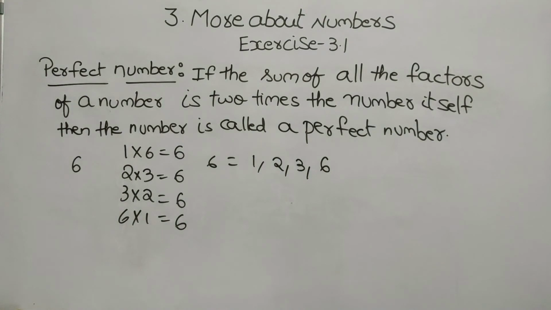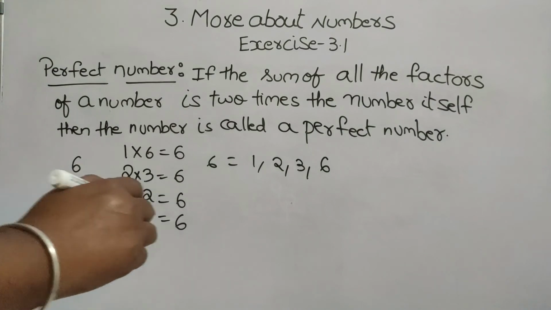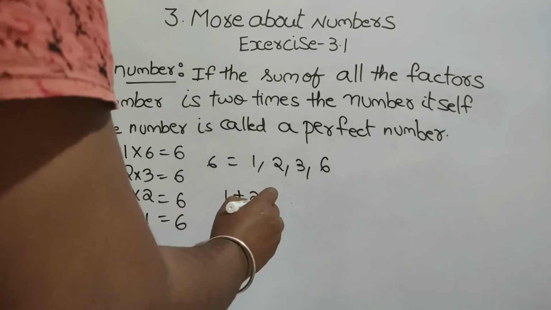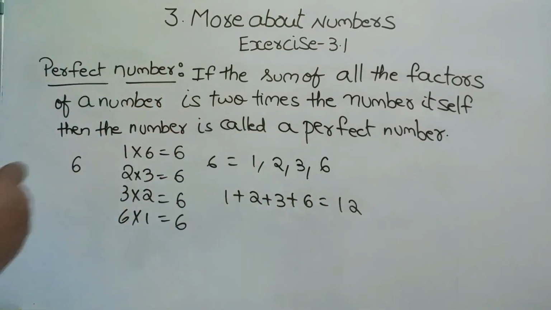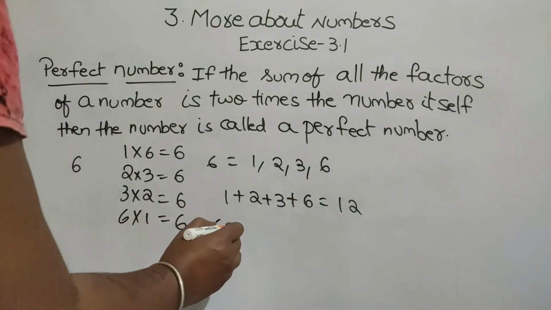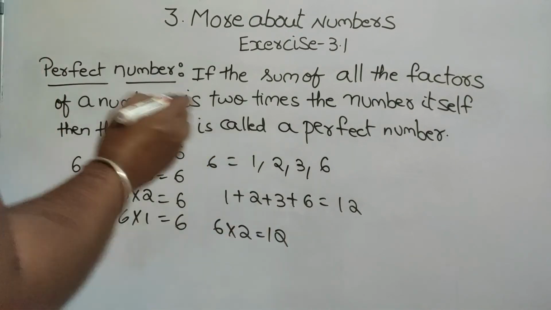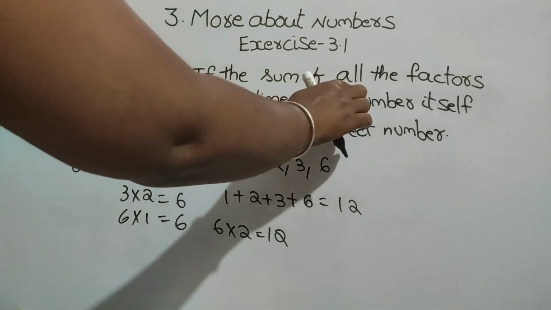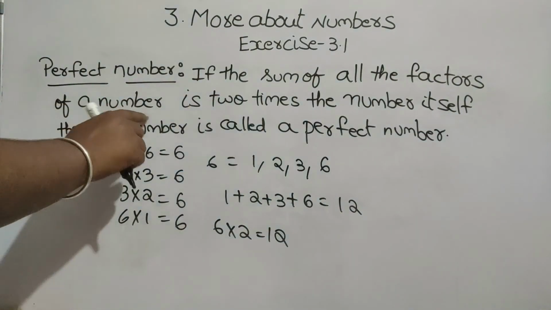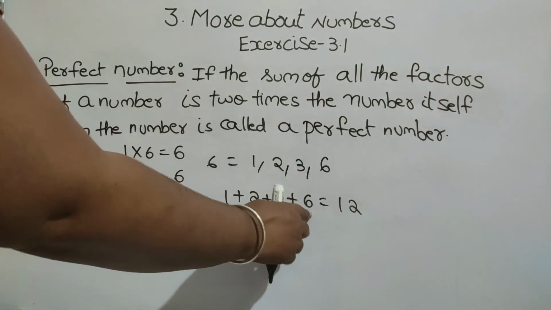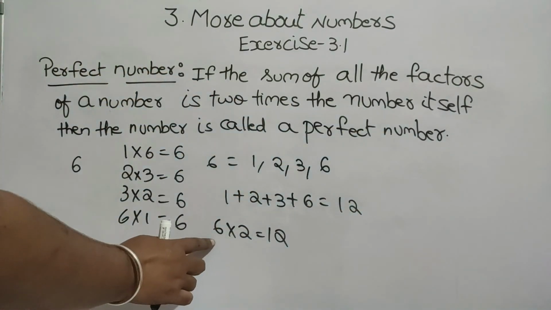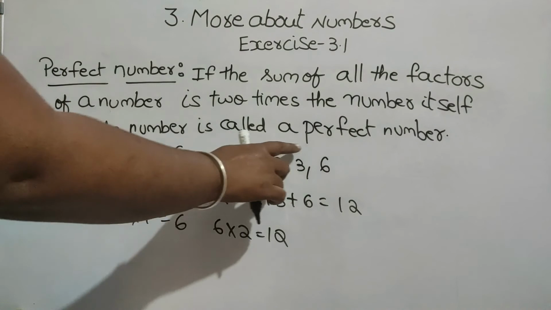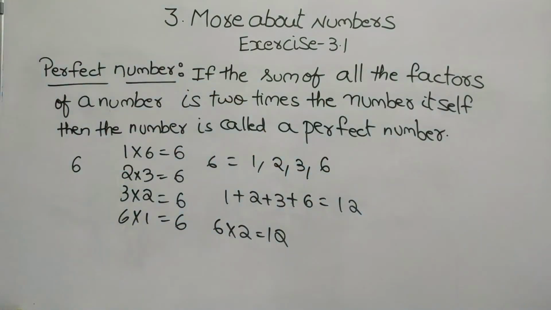Now, if I add 1 plus 2 plus 3 plus 6, I will get 12. 6 2s are 12. If the sum of all the factors of a number is 2 times the number itself, then the number is called a perfect number.